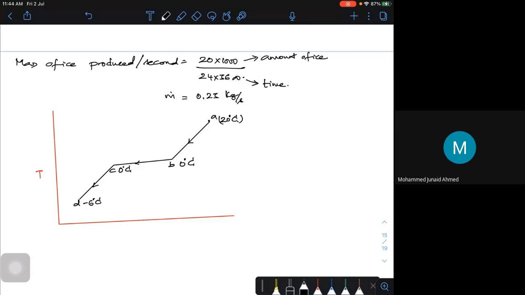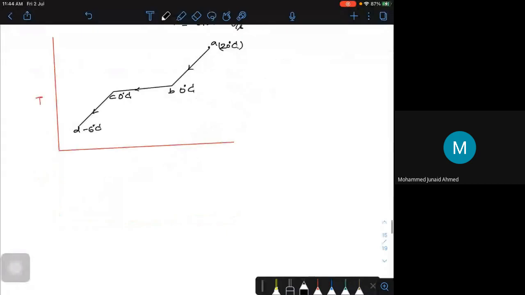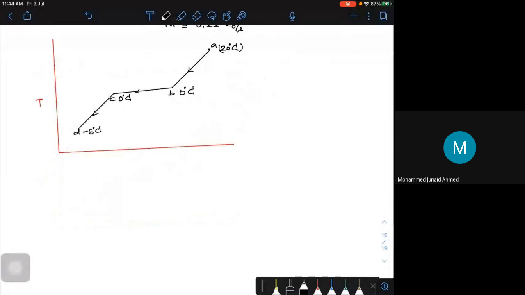So I have to remove the heat from the water starting from 20 degrees Celsius till it reaches minus 6 degrees Celsius. Now let us put a simple heat balance. Heat removed from the water at 20 degrees Celsius to form ice at minus 6 degrees Celsius.